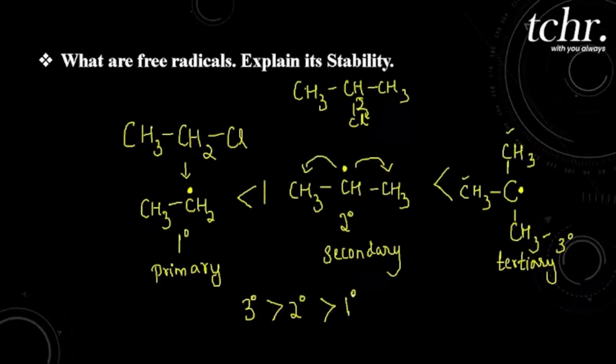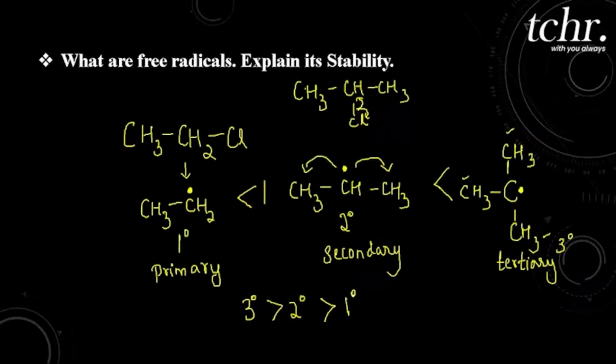And students, one more point you have to know: reactivity is the opposite of stability. A stable compound is not much reactive. Against any disturbance outside, it keeps itself stabilized.